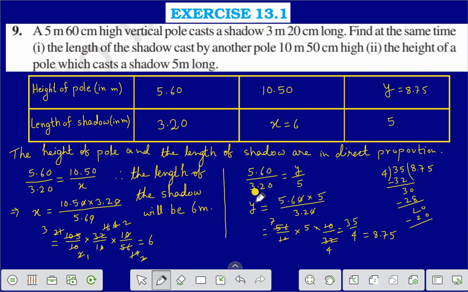The height of the pole which casts a shadow of 5 meter will be 8.75 meter. That is the answer.